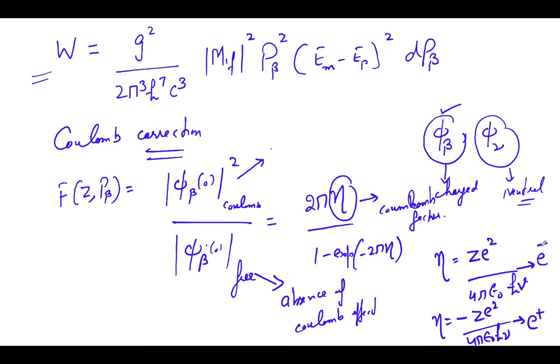You can see that the value of eta is negative for the positron. So the Coulomb correction increases the probability of electron emission and decreases the probability of positron emission, especially at low energies.